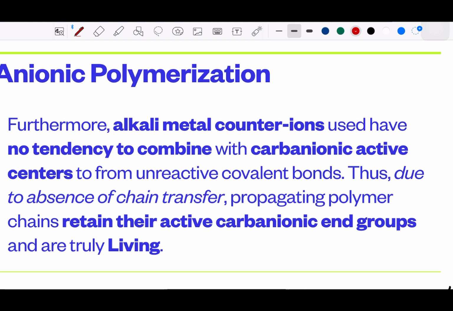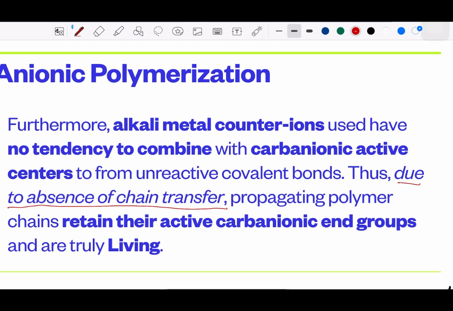This is different from the previous cationic case, where we can have some chain transfer, and with potassium amide, we can have chain transfer to NH3, the solvent. But with the organometallic, the alkali metal counter ions, we cannot have any chain transfer.